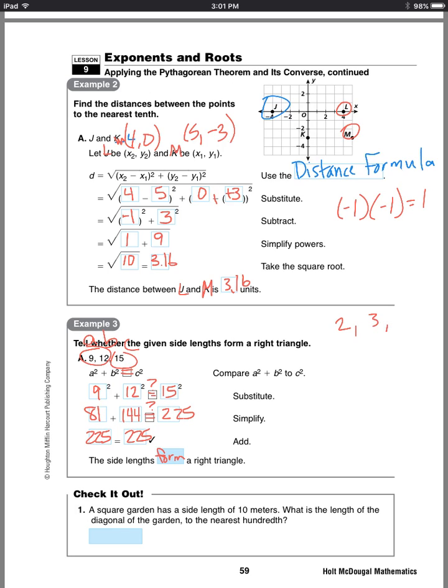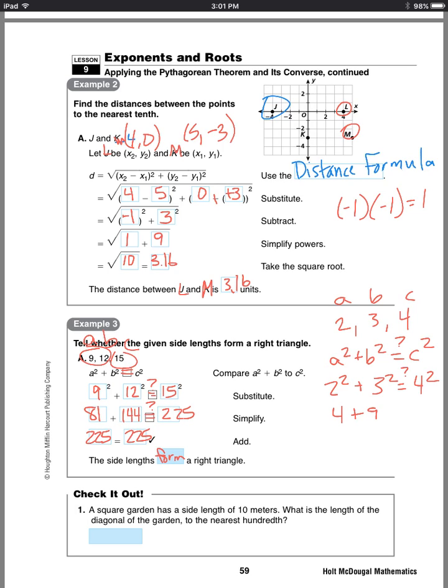Let's do 2, 3, and 4. So this is A, B, C, because they're in order from least to greatest. So we have A squared plus B squared, and we're hoping or seeing if that equals C squared. So A squared is 2 squared plus B squared, which is 3 squared, equals C squared, which is 4 squared. 2 squared is 4 plus 9.